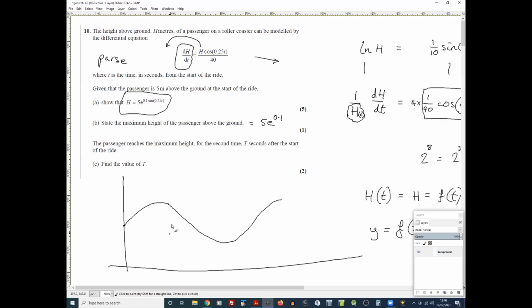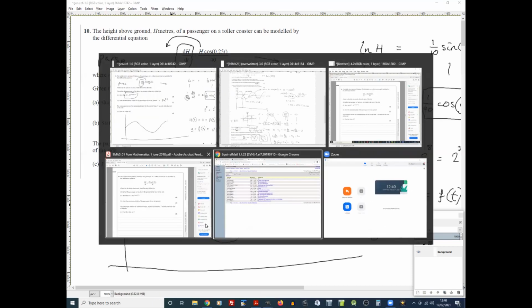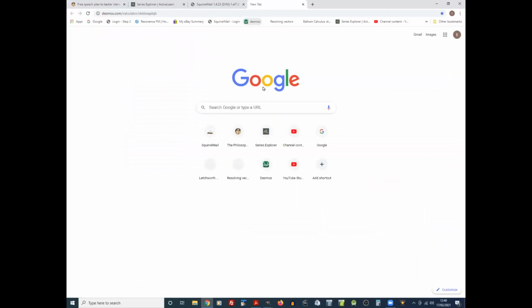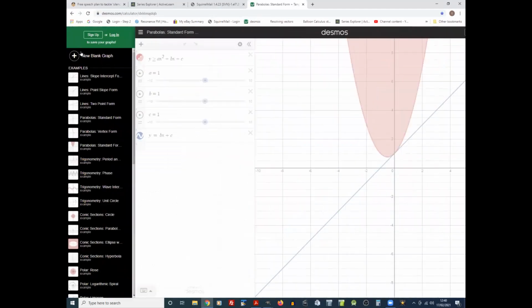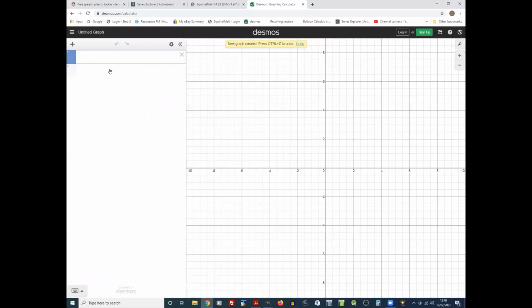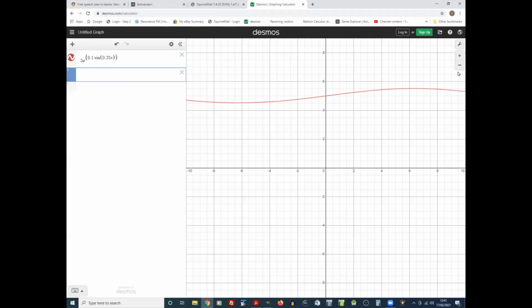Let's see how unrealistic that is, what I'm failing to take account of by cheating here. 5 times e to the power of 0.1 sine of 0.25x, we'll call it in case they care. Right. Is it periodic?